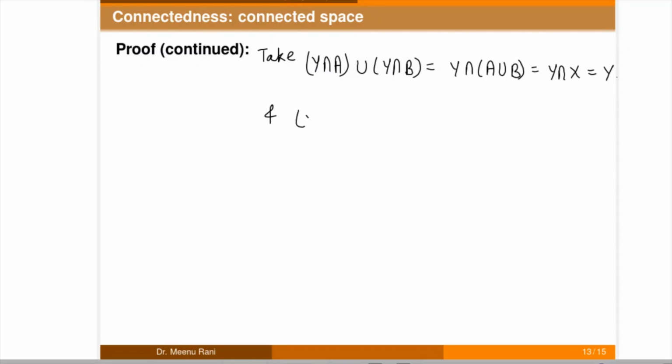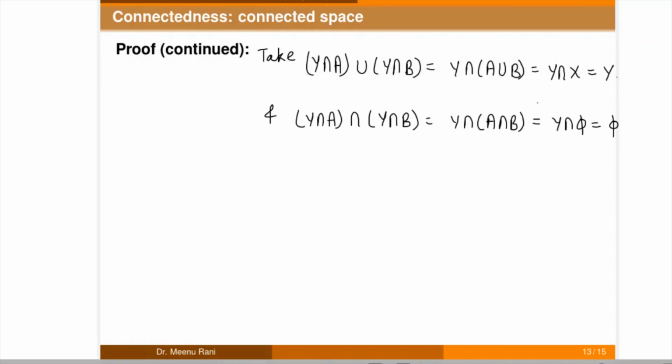And also if we take the intersection of these two open sets, it is Y intersection with A intersection B, and these are two disjoint sets, so Y intersection with Phi, so it is Phi only.